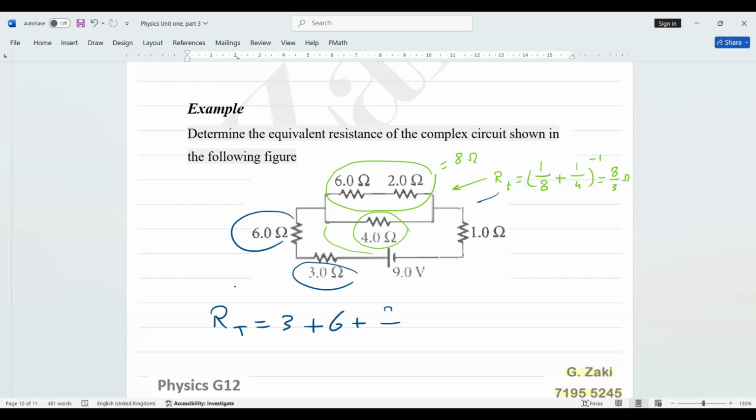So 8 over 3 plus finally 1 ohm. Now we use the calculator to get the answer. So this is plus 1, plus 6, plus 3. So the total is 38 over 3 or 12.66, approximately 12.7 ohms. So this is the equivalent resistance. Okay.